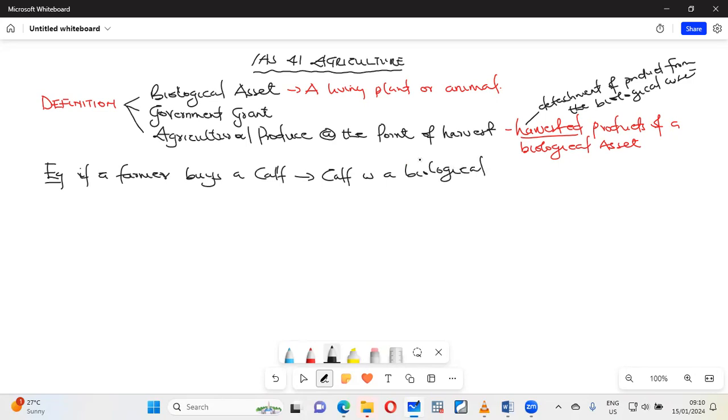The calf is a biological asset because it's a living plant or an animal. Now we all know that the calf will grow. The calf matures into a cow, a matured cow. This type of growth, we call it a biological transformation.